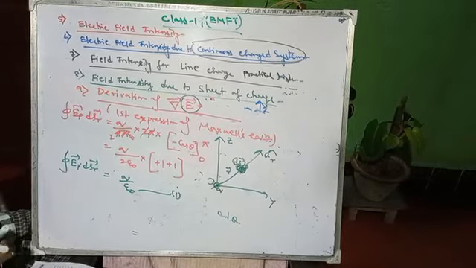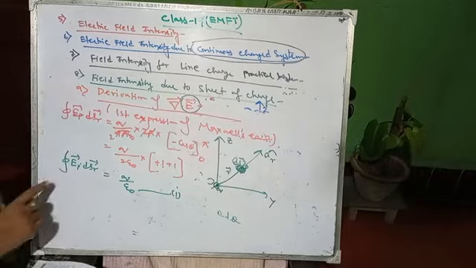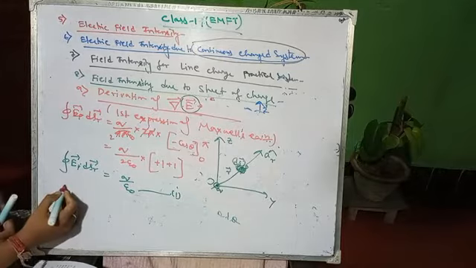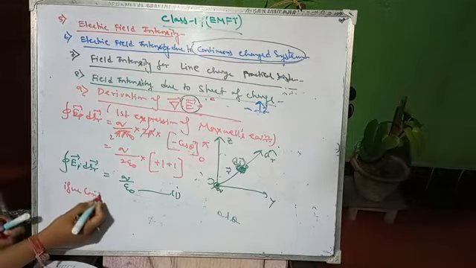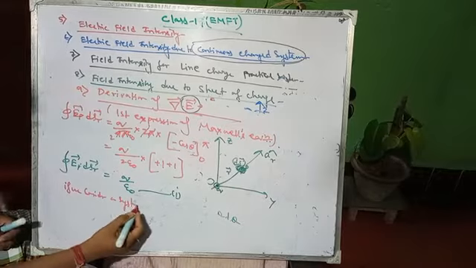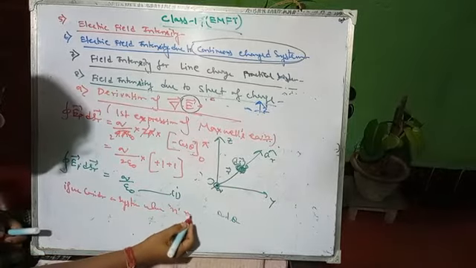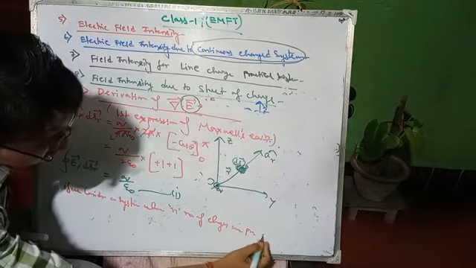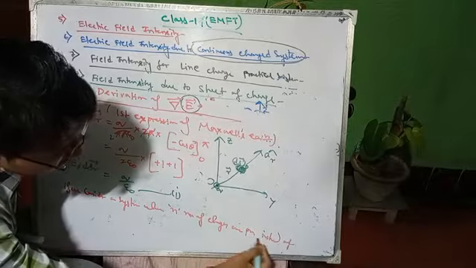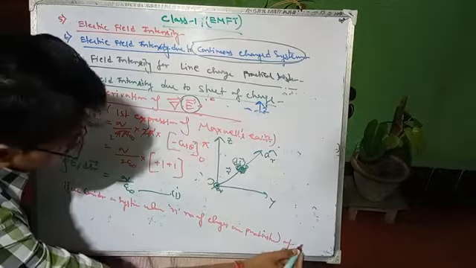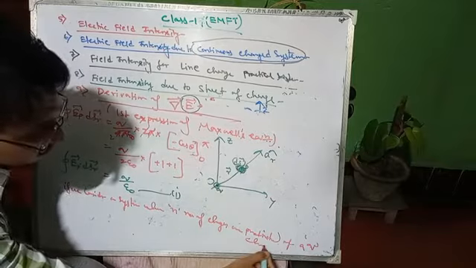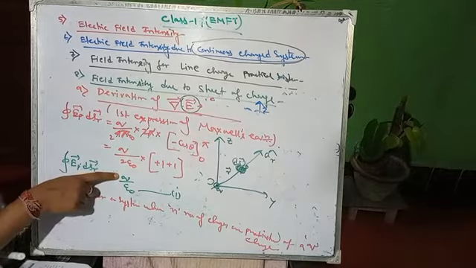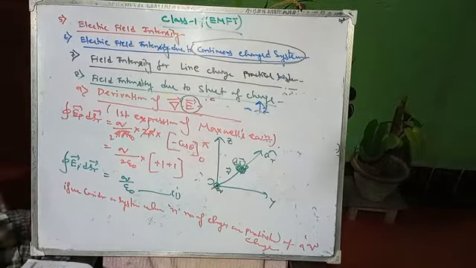Now, if we consider a system where n number of charges are present instead of a small q charge, so consider that instead of this small q, n number of charges are there.